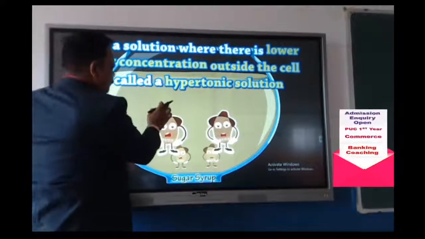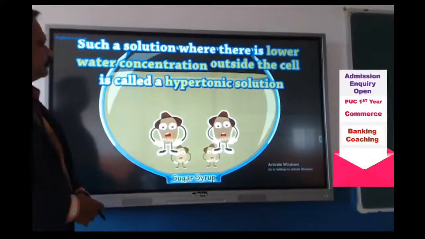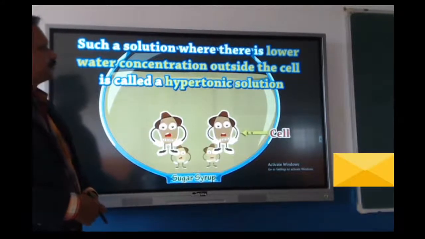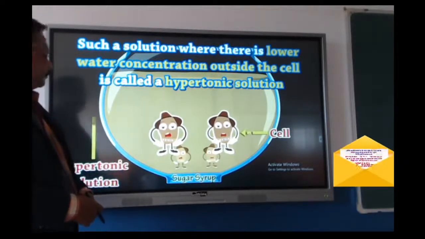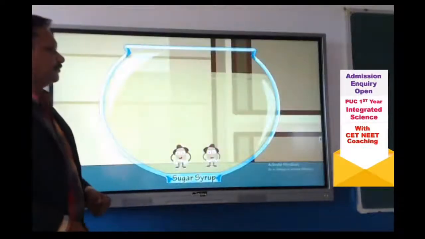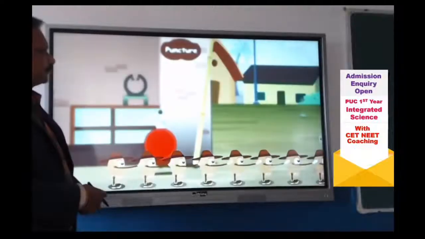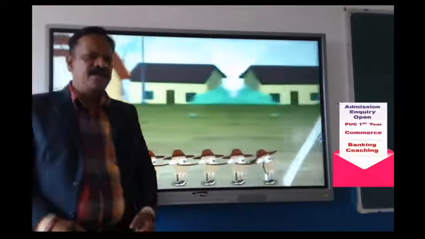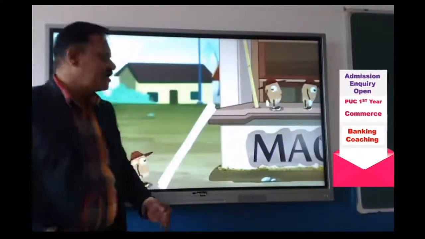Now see, this is a hypertonic solution, that is the cell. Now the raisins are there, you have to increase the volume of the raisins and sell them.